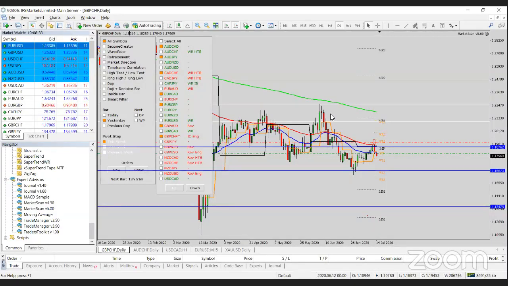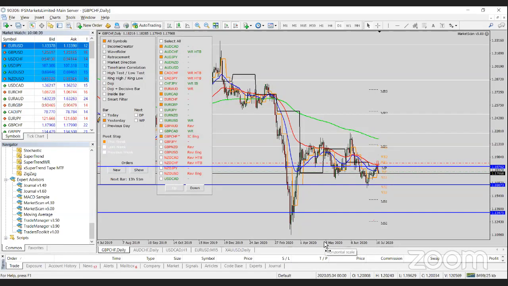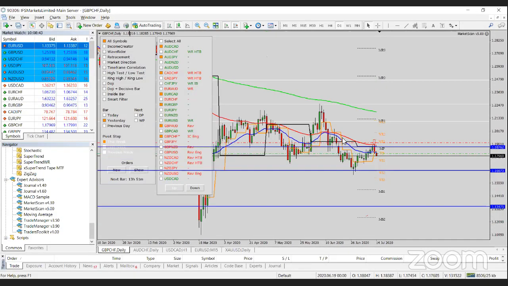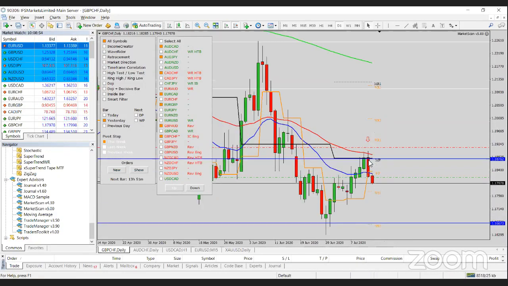And the daily time frame on pound Swiss, it has been pretty rangy of late. It's not the strongest trend I've ever seen in my life. However, I do have a lower high here and a lower low, and I'm looking at price having bounced from the monthly pivot just yesterday. So that for me is a bearish signal.